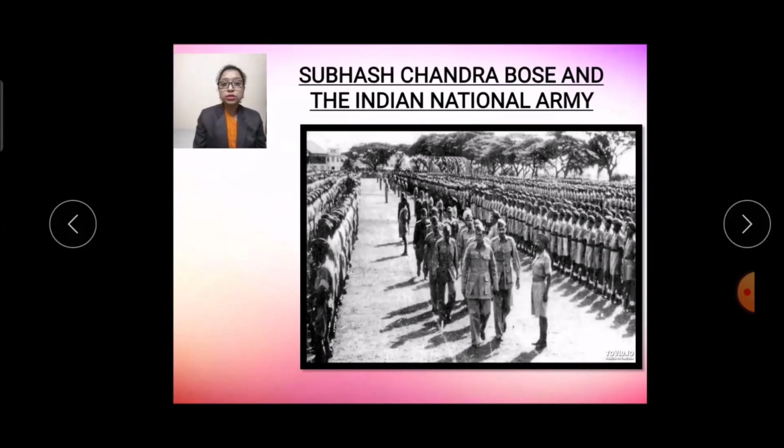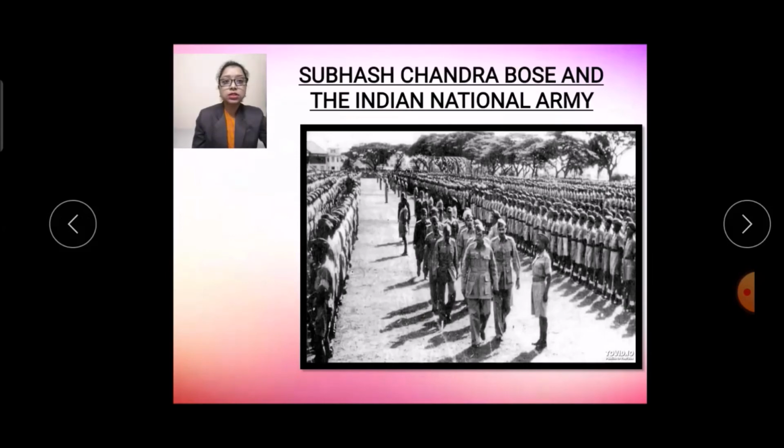Netaji Subhash Chandra Bose was convinced that the British would never leave India peacefully. So that's why he went to Japan, and from Japan he organized an army of 40,000 Indian soldiers, and he called it the Azad Hind Fauj or the Indian National Army.